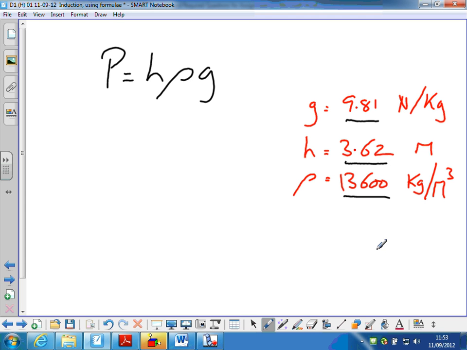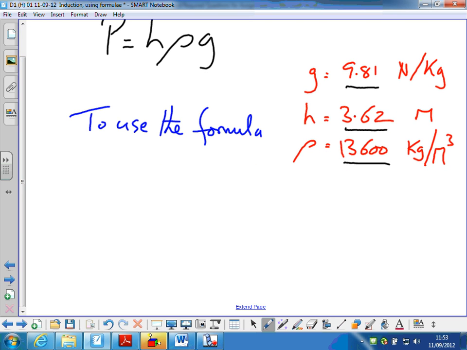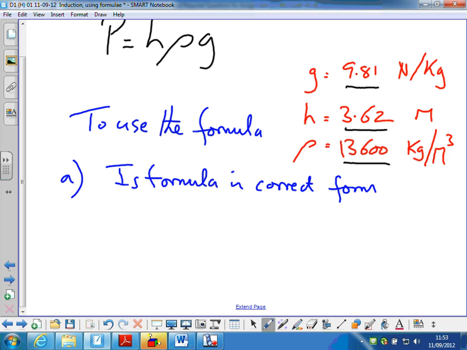So to use the formula, you ask yourself the question, is the formula in the correct form? What do I mean by that? Is the formula in the correct form?